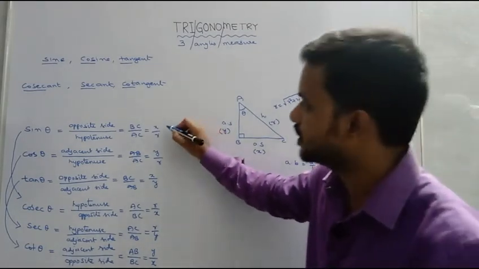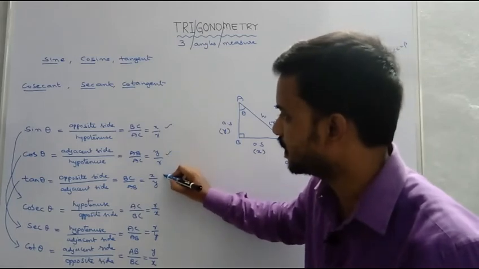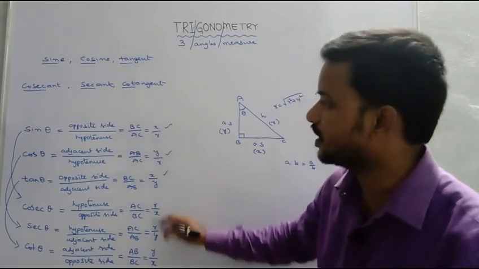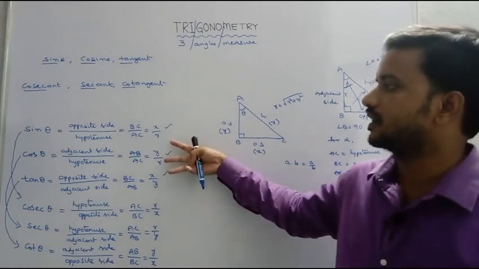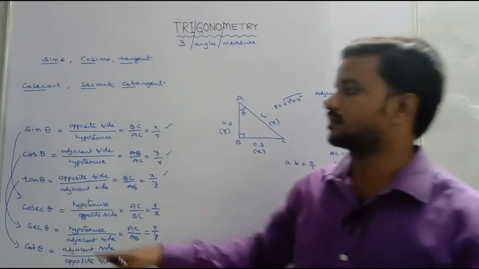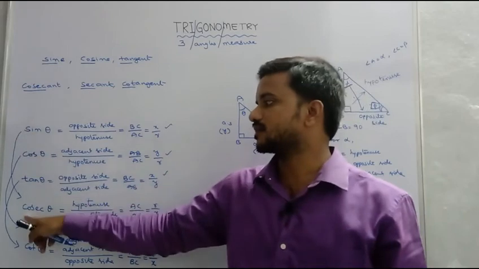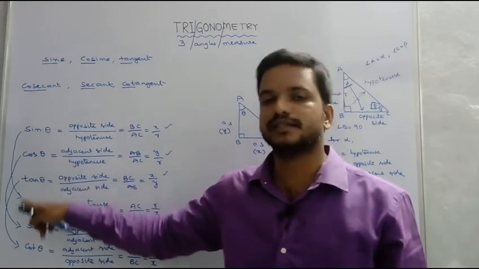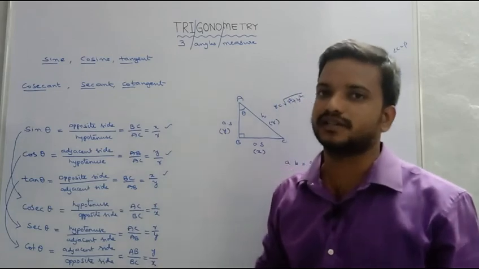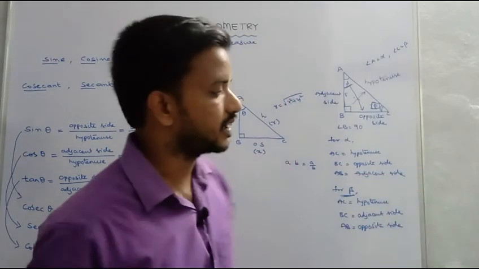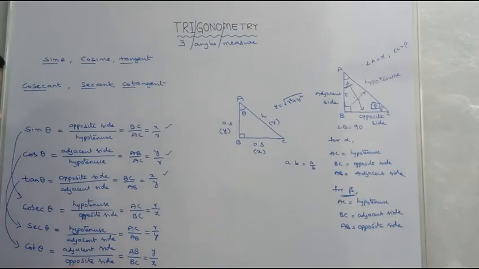And remember, these 3 are the basic, and the remaining 3 are the reciprocals of these 3 trigonometric ratios. And also the order: reciprocal of sine is cosec, reciprocal of cos is sec, reciprocal of tan is cot. Okay, is this clear? Now here you can notice few things.